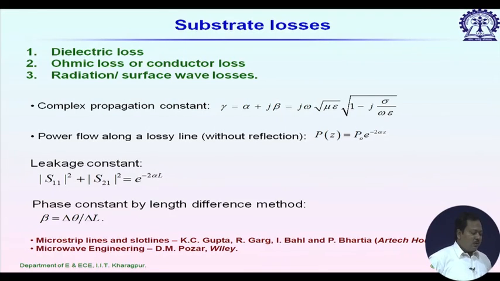The loss whatever we have is included in alpha, and if there is any phase variation or any dispersion effect, we can determine that from the beta variation. So, alpha and beta both are very important parameters for any waveguiding structure. So, how to measure them?